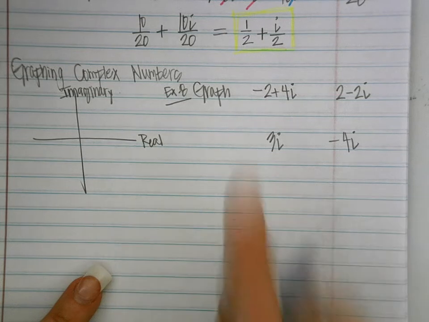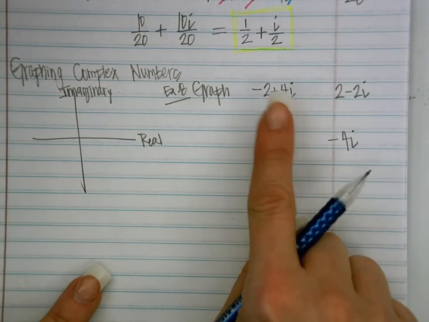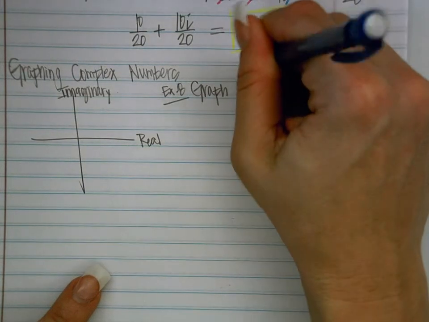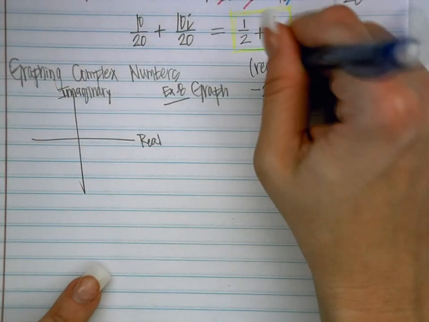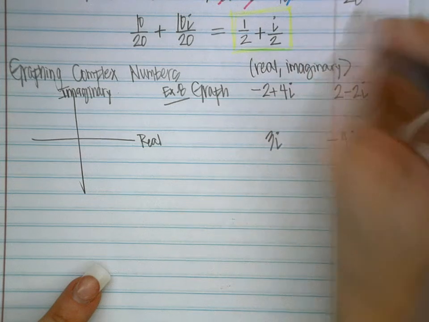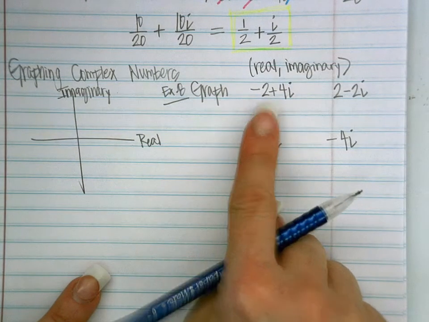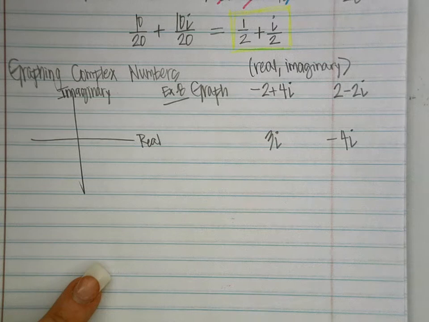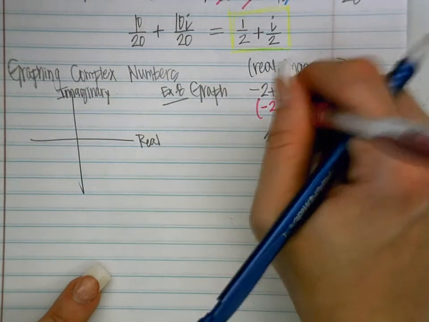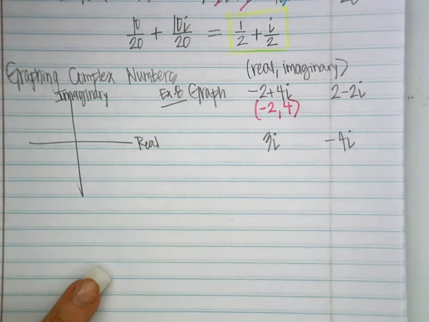So what you do is you graph this, you write these just like an ordered pair, and it's always real, comma, imaginary. Okay, we always write this as real, comma, imaginary. So this ordered pair is actually at the real part is -2, comma, the imaginary part is 4. So we're going to graph them just like that.